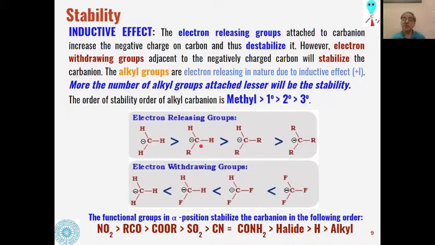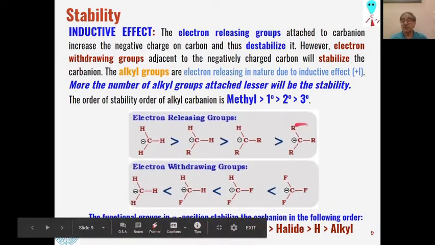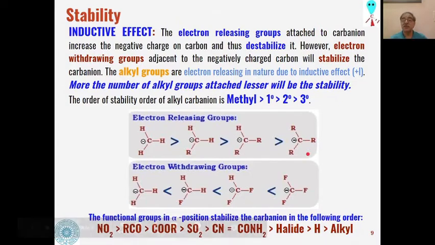So as we move from here to here to here, as the number of alkyl groups increases, the tendency to release electrons towards this carbon also increases. That means the more alkyl groups there are, the lesser the stability of the carbanion, because the higher electron density due to more alkyl groups will destabilize it.